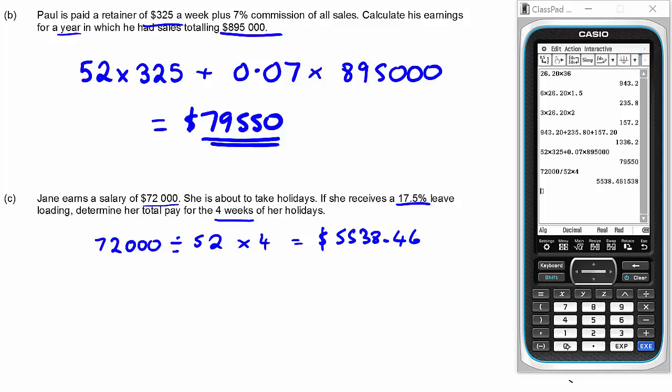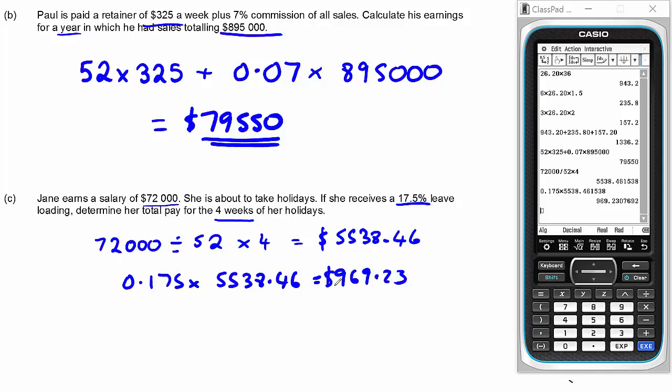So if we do 0.175 multiplied by this last answer, 0.175 multiplied by 5538.46 gives us 969.23.